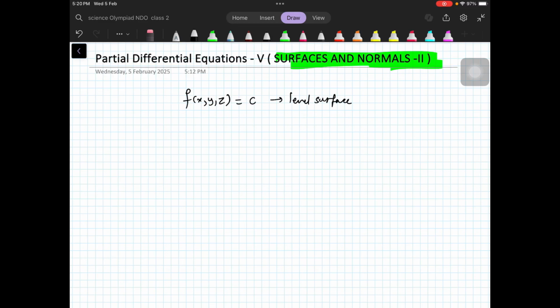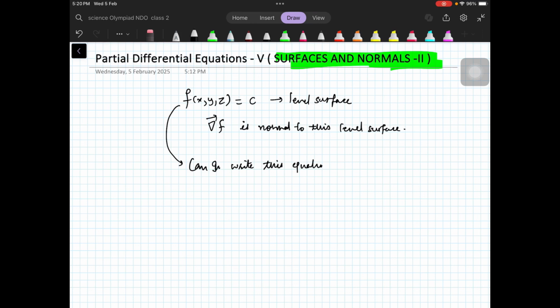Okay, and then we also saw that gradient of f is normal to this level surface, right?